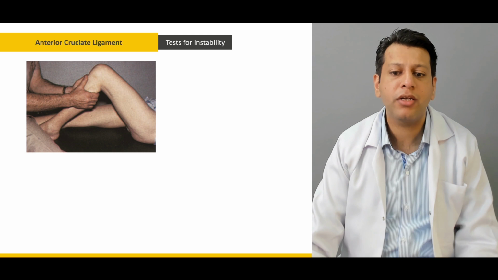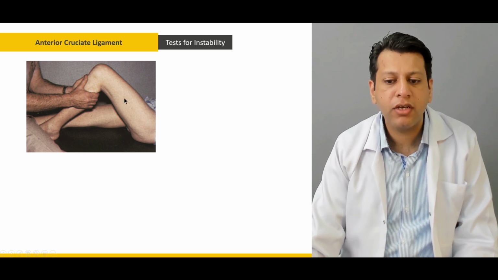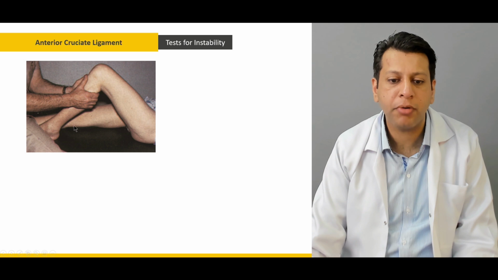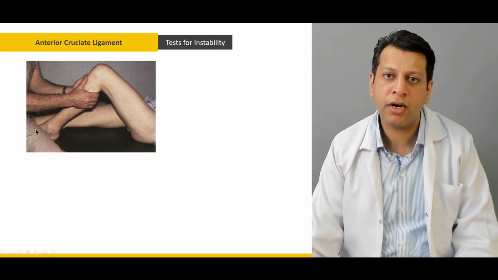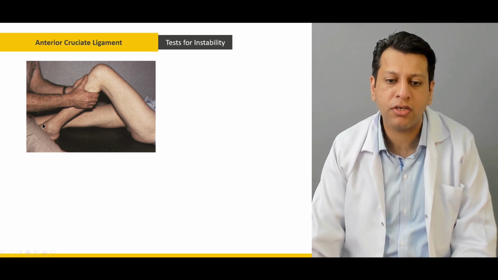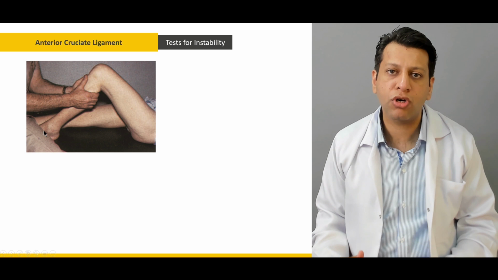This is how you do an anterior drawer with 45-degree flexion at the hip and 90-degree flexion at the knee joint. The patient is lying supine, and the foot is planted on the couch, with the examiner sitting on the foot so the foot cannot move.